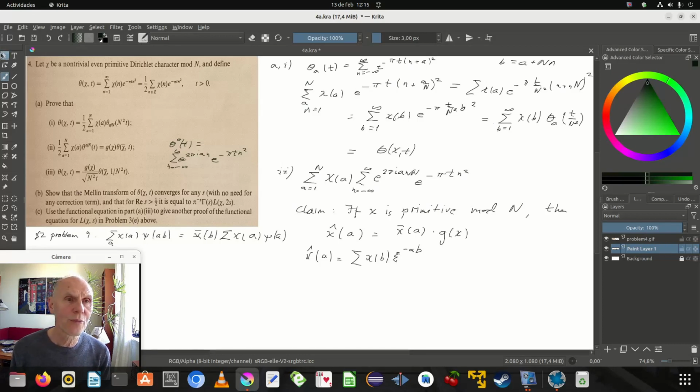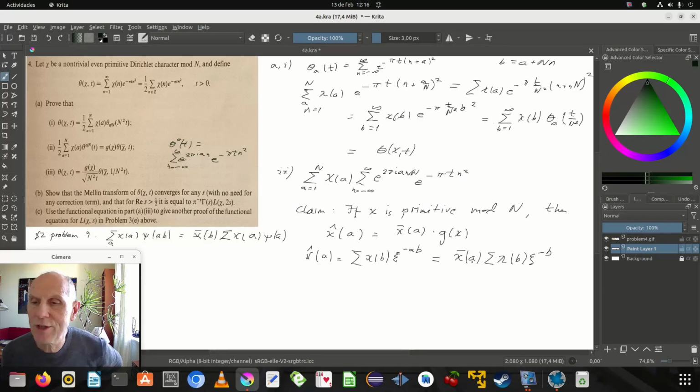And this is psi of AB, where psi is x maps to psi in minus extra. So we use this because we assume that chi is primitive. So that gives chi bar of A, chi of B, psi to minus B.